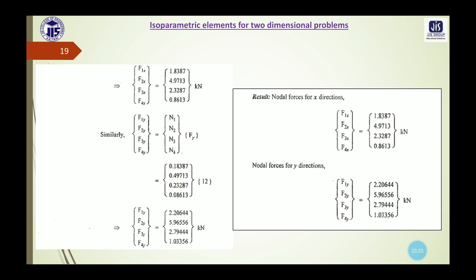So if we do this matrix multiplication, then we will get the values of F1y, F2y, F3y and F4y as a column matrix. So that means the result can be written in this manner. The nodal forces for the x direction we can write here as a column matrix, and the nodal forces for the y direction also we can write here as a column matrix.